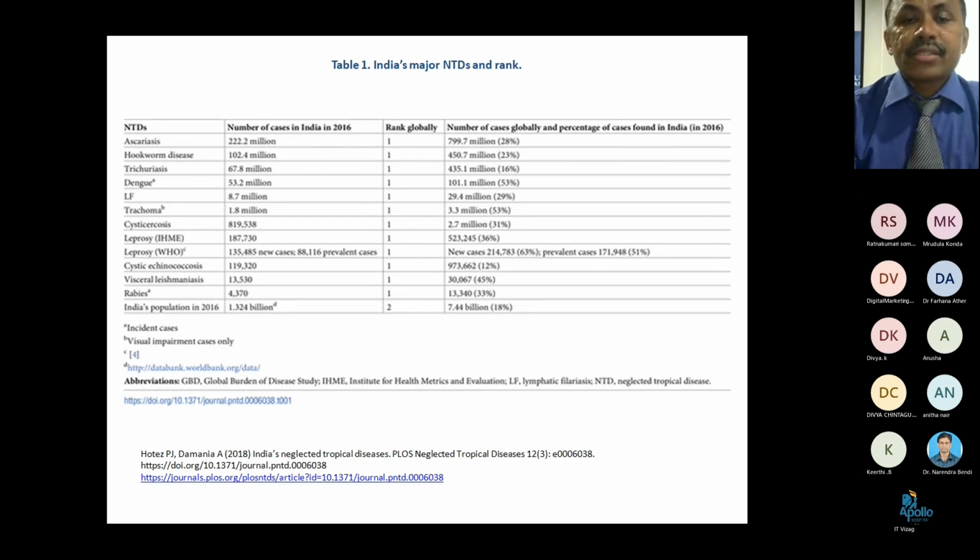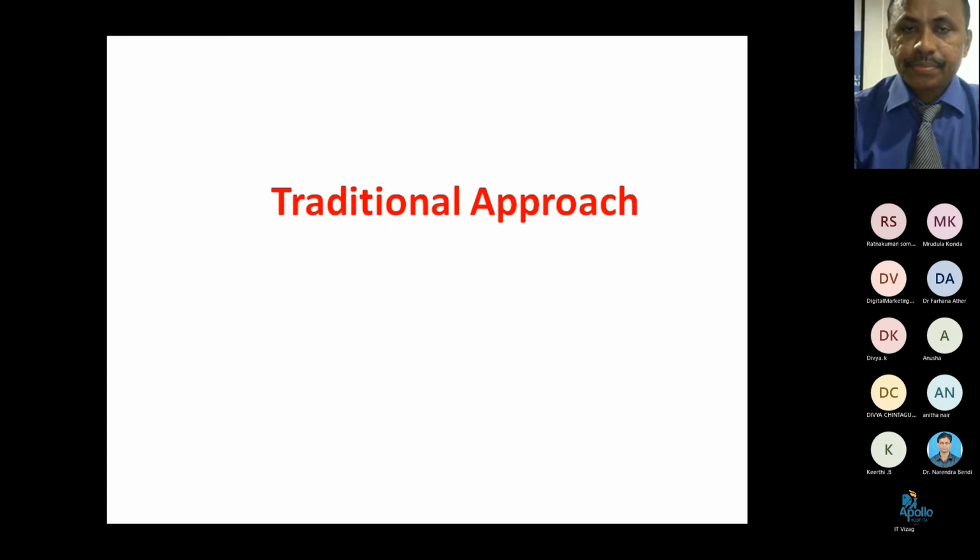Look at various diseases. We are contributing more than 18% of many diseases. And especially if you look at dengue, 53% of the global patient burden comes from India itself. So we are dealing with proportionally more patients than our population as far as infective diseases are concerned.